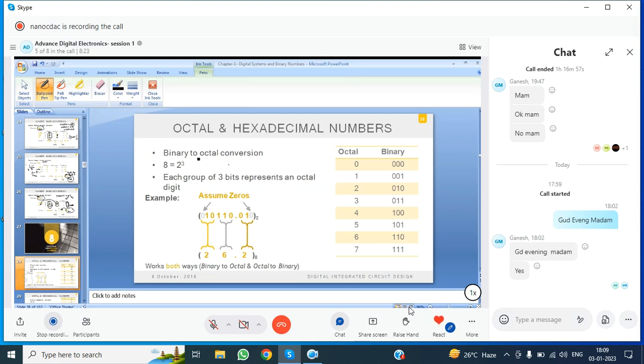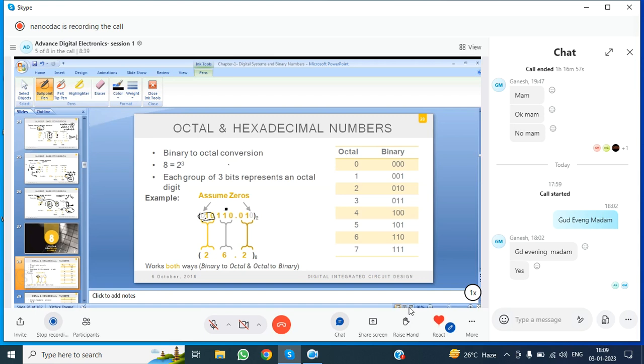Binary to octal conversion. Each group of 3 bits represents an octal digit. Suppose we take 1 0 0 1 1 0 0 1 0.